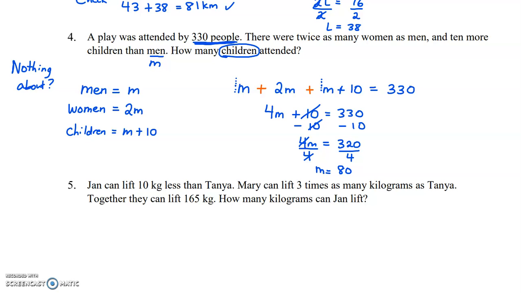So we don't have to even substitute for women. What we're going to do is take that 80 and substitute for the men plus 10. So the children is 90. So we have 90 children attending. We'll have 80 men, 90 children, and the women will be 160, and together they'll equal 330.